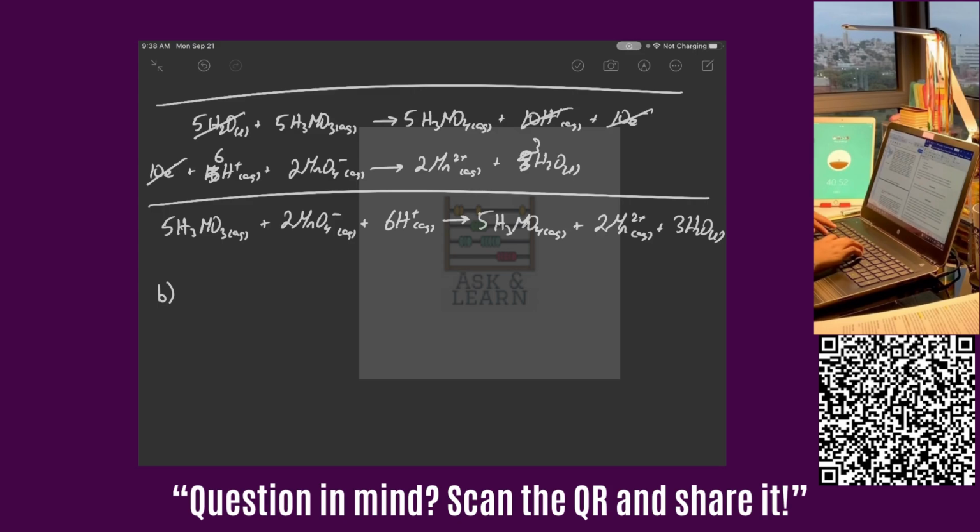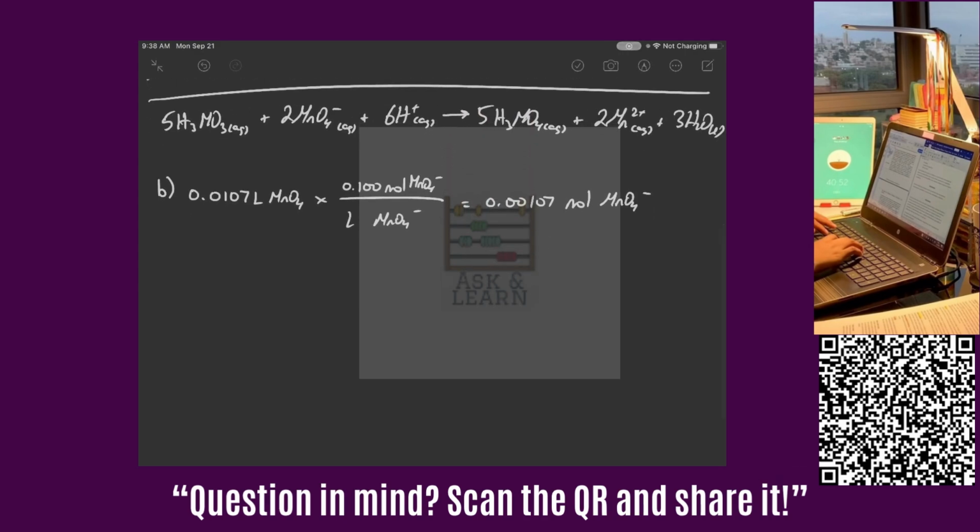We have 10.7 milliliters, or 0.0107 liters of MnO4- times its molarity, which is 0.1 moles of MnO4- per liter, and this would yield 0.00107 moles of MnO4-.